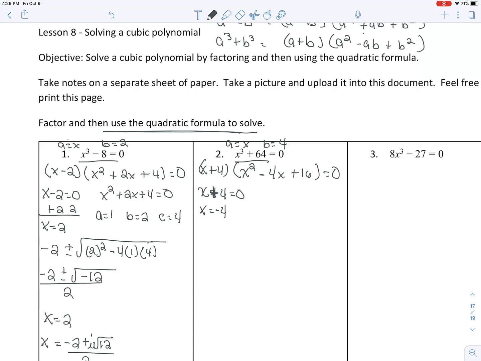Again, if you were to graph this on the calculator, you'll see it crosses the x-axis at negative 4. You will not see the imaginary roots. To do that, we're going to have to use the quadratic formula. So it's negative (-4) plus or minus the square root of (-4) squared minus 4 times 1 times c, all over 2.